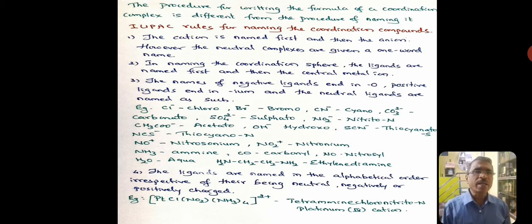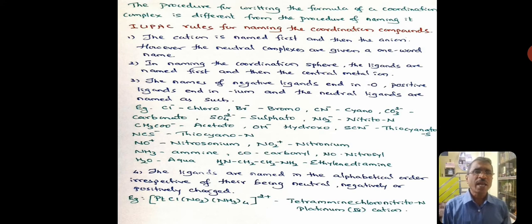CN- is cyano, then carbonato, sulfato, nitrito-N. In the case of NO2, the nitrogen and oxygen both have coordinating sites. Here the nitrogen donates a lone pair of electrons, hence it is written nitrito-N. Acetato, hydroxo, thiocyanato-S.